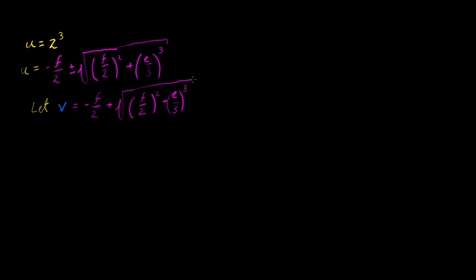And let's let another variable, w, be equal to the negative value of u. So it's going to be equal to negative f over 2 minus the square root of f over 2 squared plus e over 3 cubed. So we've just defined the two solutions for u in terms of two different variables.